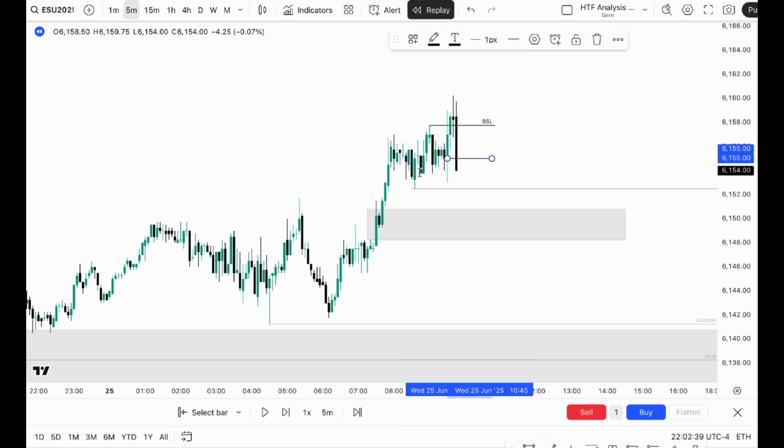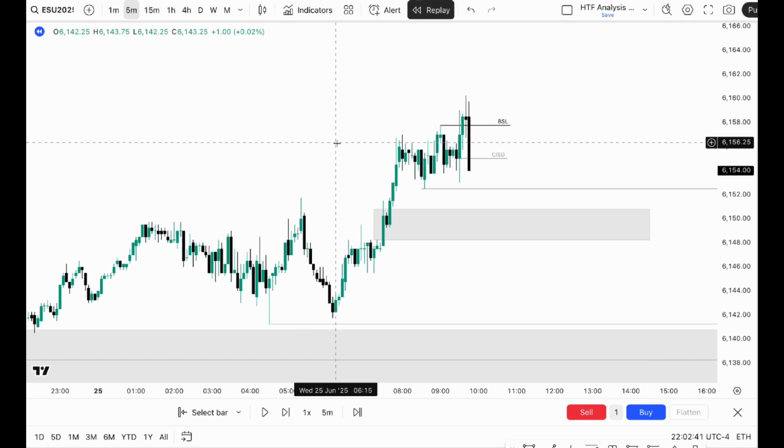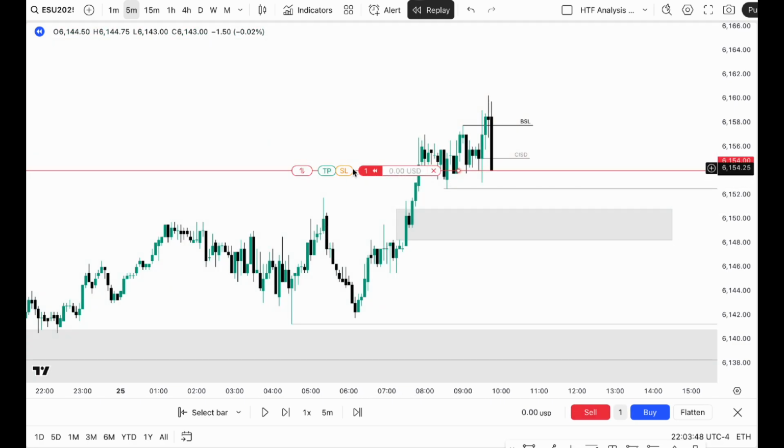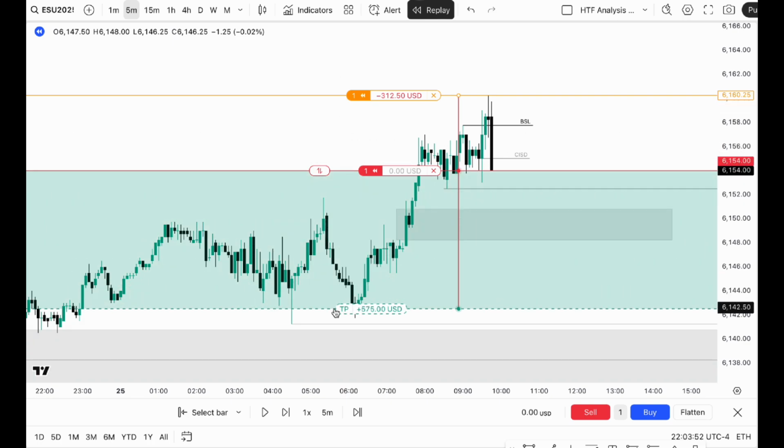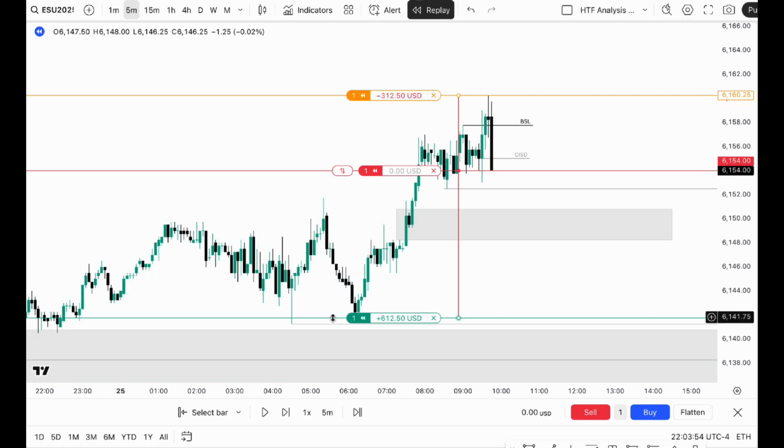This would be considered a change in the state of order flow. What we're going to be doing now is entering into a sell setup. That gets us to our 1 to 2 risk to reward. We're going to see how this plays out now.